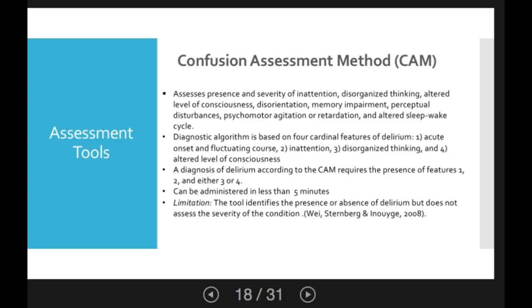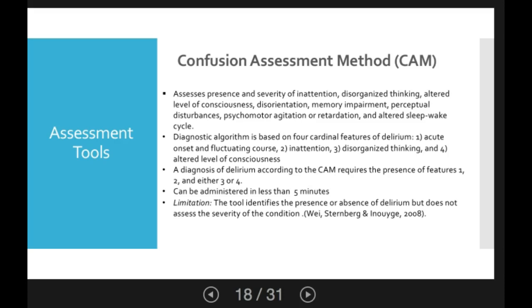The CAM takes less than 5 minutes to administer and is designed to assess for the presence and severity of inattention, disorganized thinking, altered level of consciousness, disorientation, memory impairment, perceptual disturbances, psychomotor agitation, and altered sleep-wake cycle.